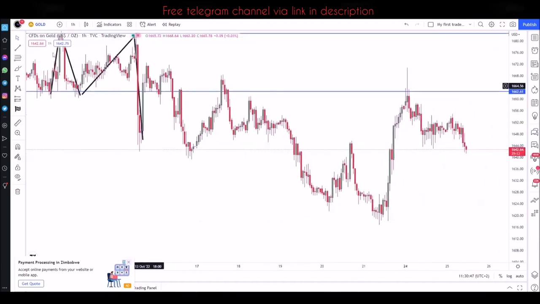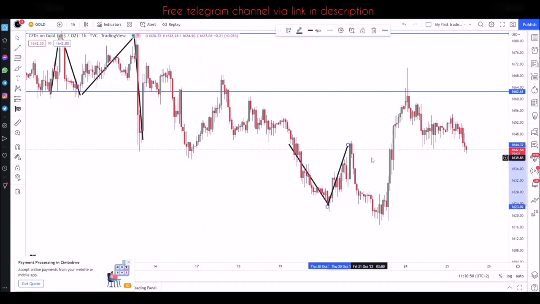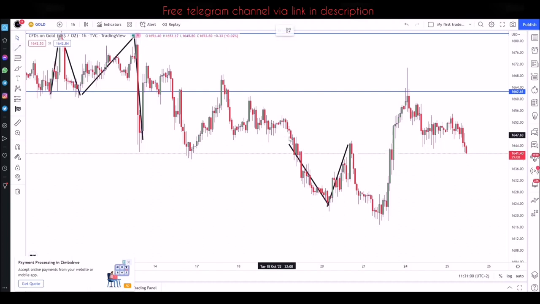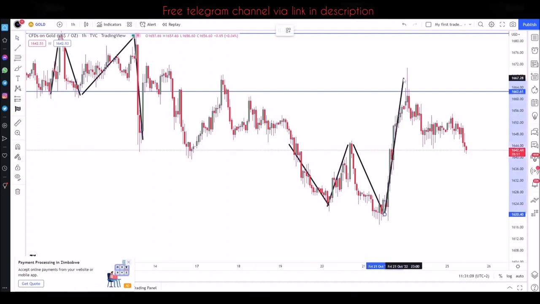In this case, we had a double bottom or a W pattern, right? After that, we can see the market looks like it has already broken market structure. So what are we now waiting for?